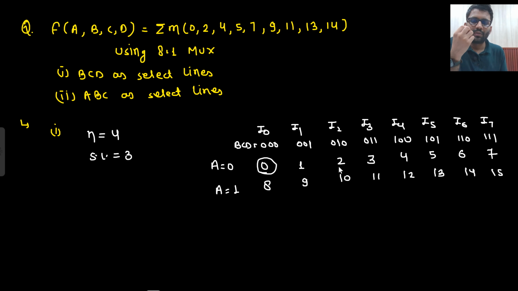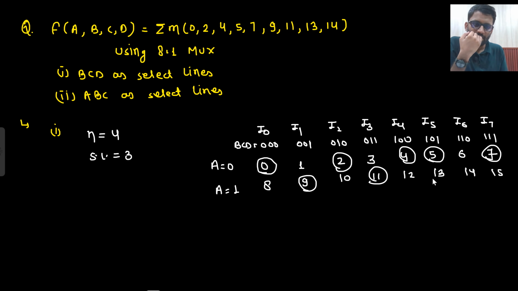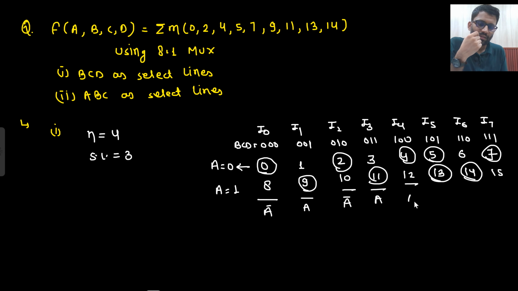So 0, 2, 4, 5, 7, 9, 11, 13, 14, right? So here what will come? A bar. Here what will come? A. Here what will come? A bar. A bar, 1, A bar.